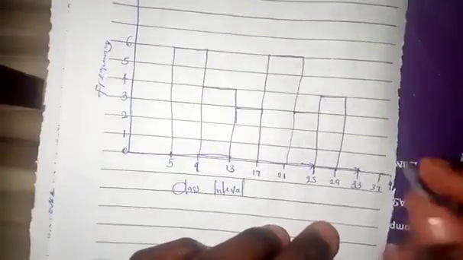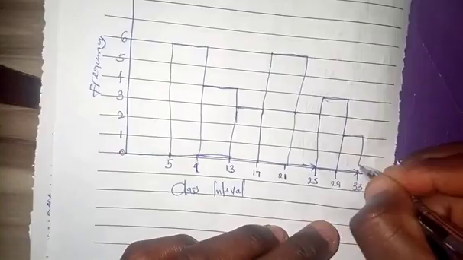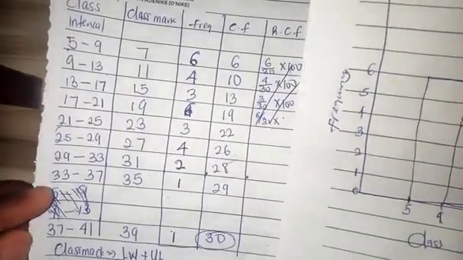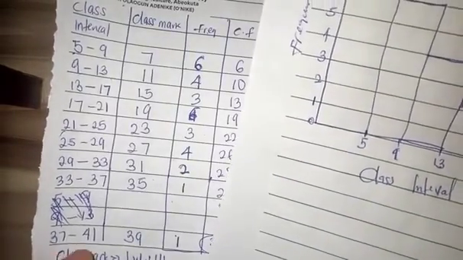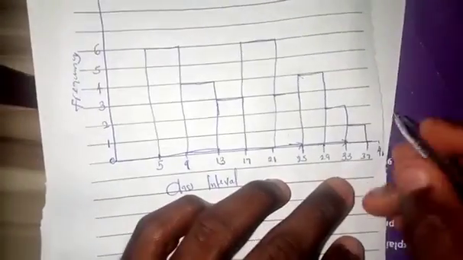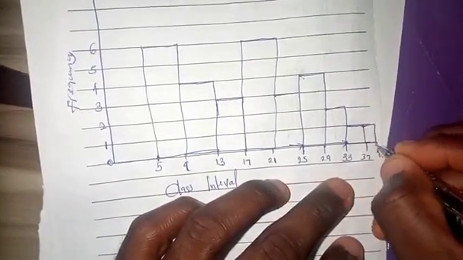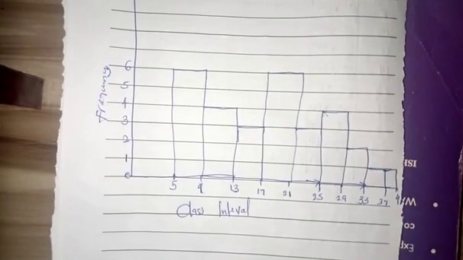The frequency is what? 2. And you have 33 to what? 37. The frequency is what? 1. You go here. You draw. And the last one is 37 to 41. The frequency is what? Just 1. So that is how to draw the histogram.